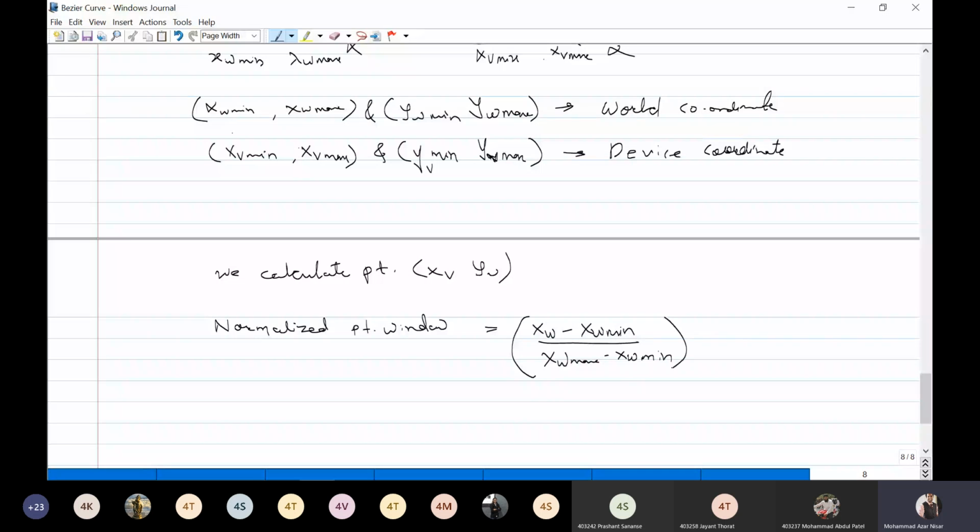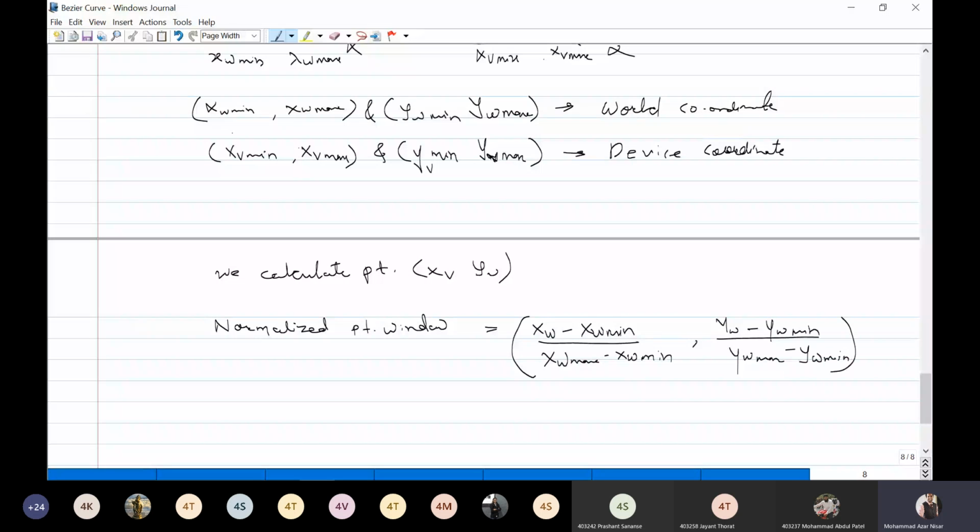And for y the same: yw minus yw minimum, divided by yw maximum minus yw minimum.